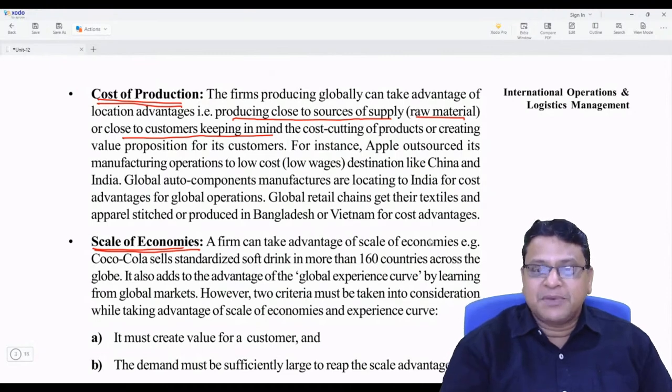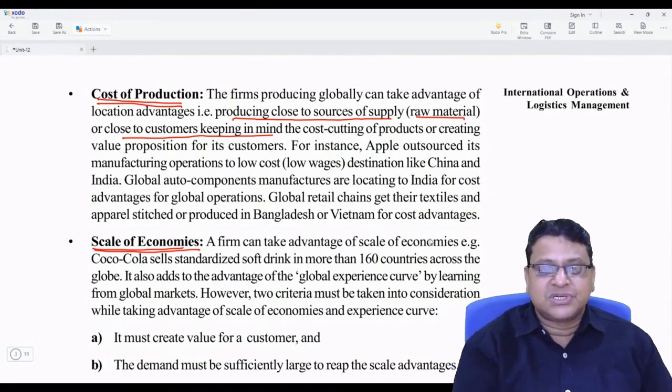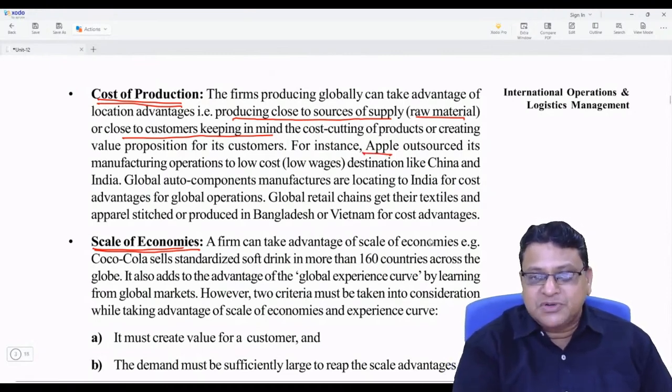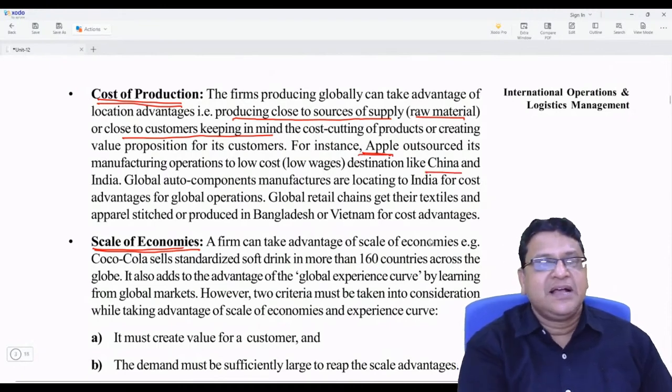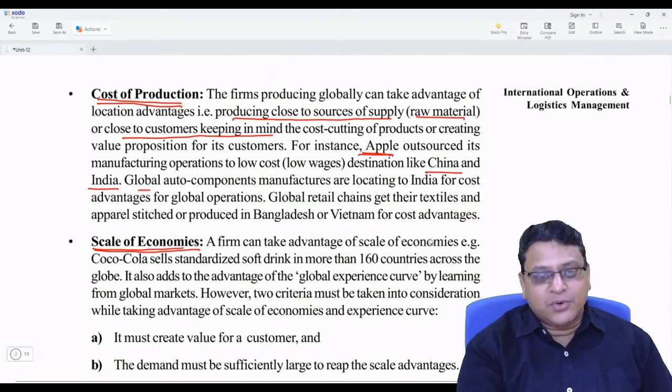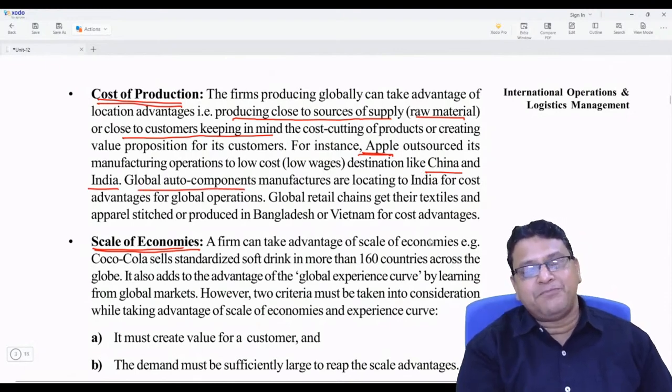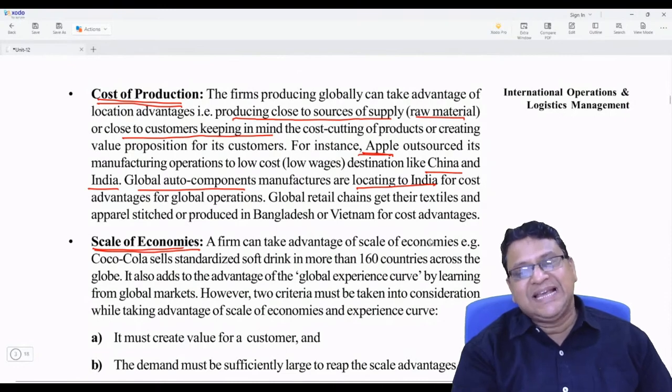Many international firms like Apple outsource their manufacturing operations to low cost destinations like China and India. Global auto companies have manufacturing bases located near India, because India is one of the hubs of auto ancillary production.